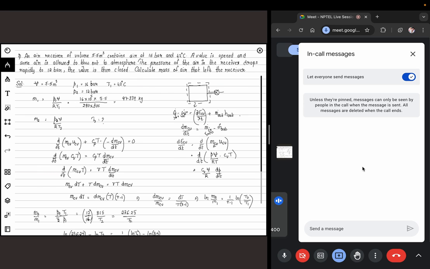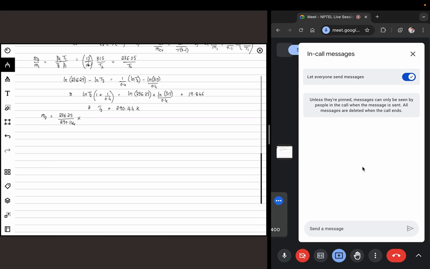M1 we have already calculated before as 97.339. Now we know the initial and final masses. So the mass that has left the container is M1 minus M2.